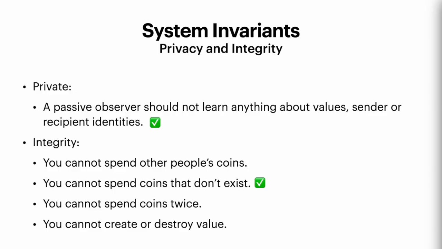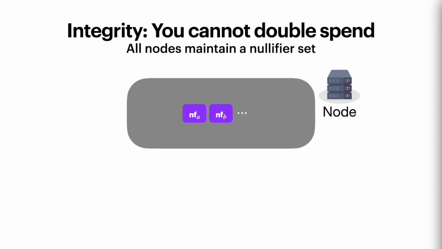Okay, so using what we've shown so far, we've shown how we maintain privacy while only spending coins, i.e. notes that exist in the system. Next, nodes are also going to store another data structure, the set of all nullifiers that have been revealed.